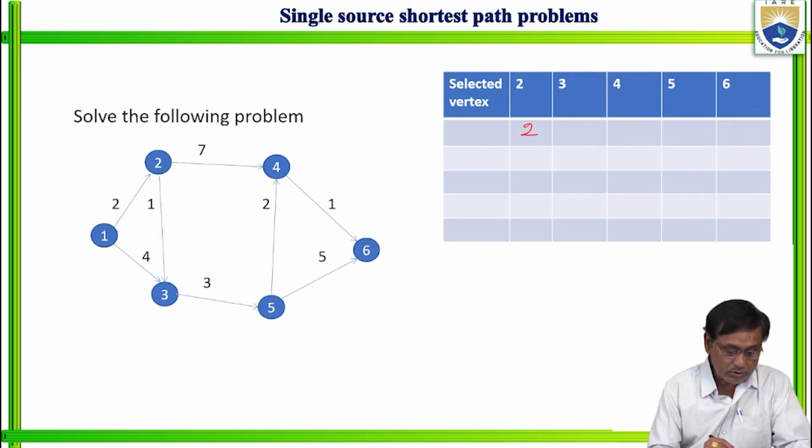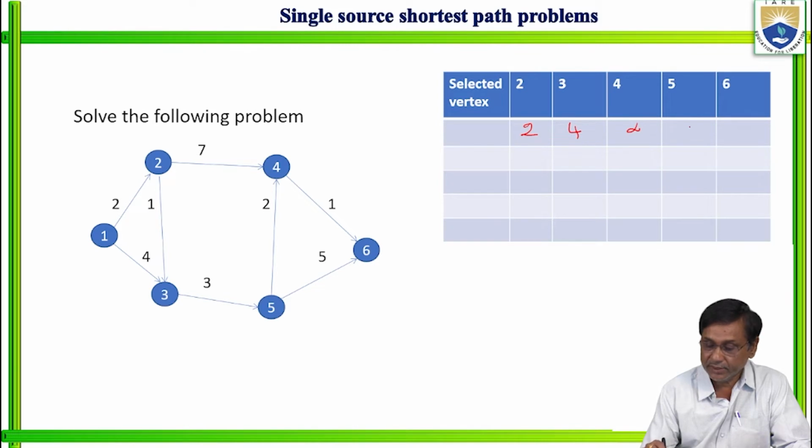Then 1 to 3 is connected, so this is 4. The remaining vertices 4, 5 and 6 are not connected, so we can take them as infinity, infinity, infinity. In this the minimum is 2, so you can select the vertex 2.